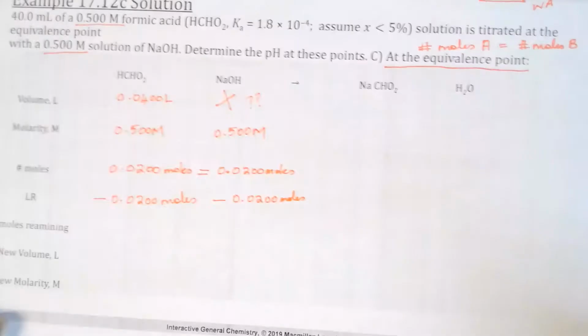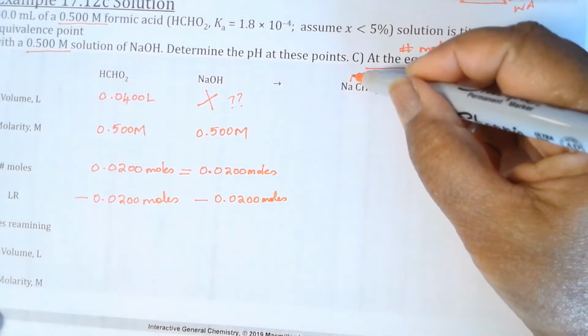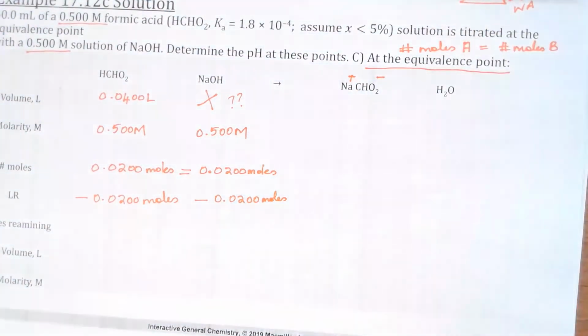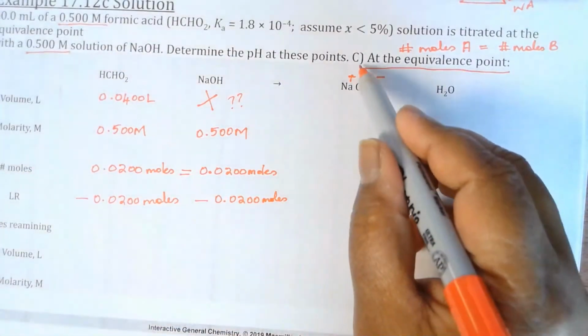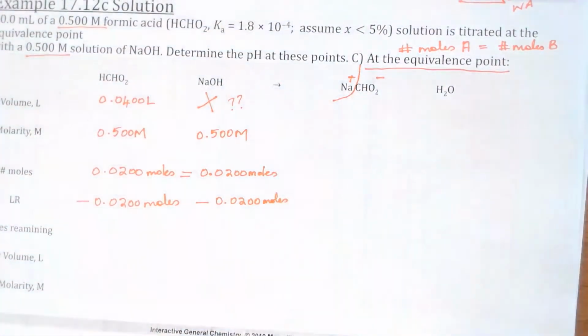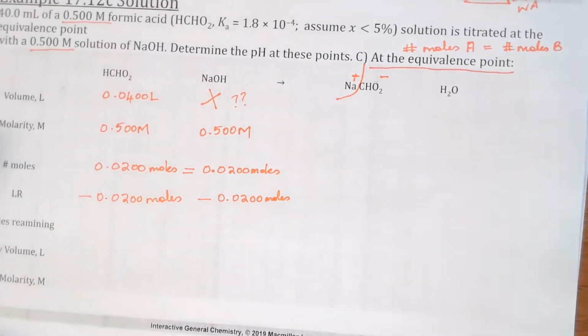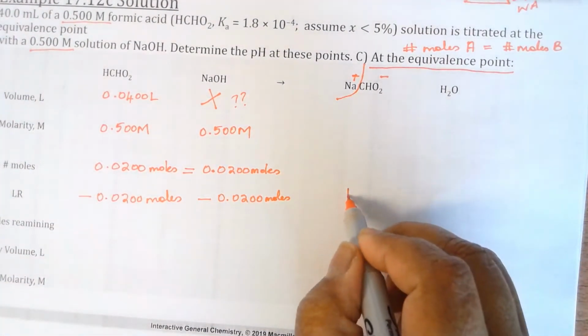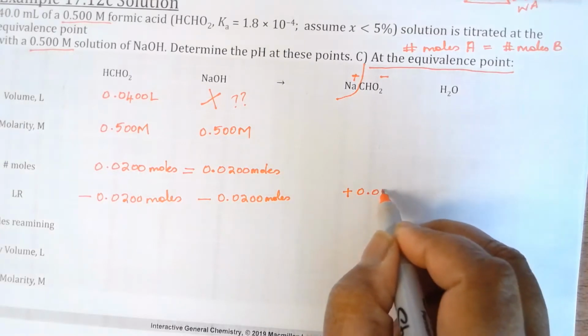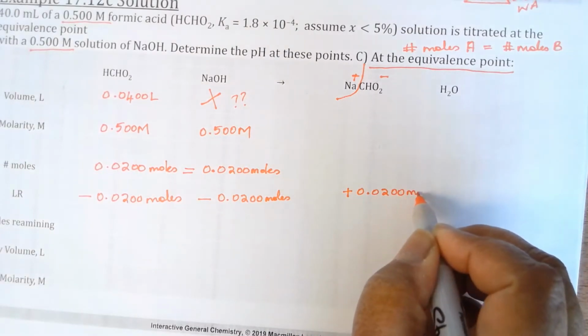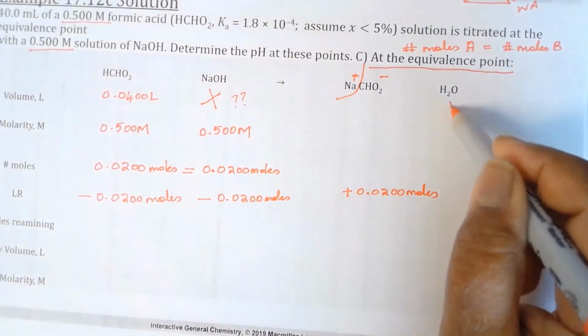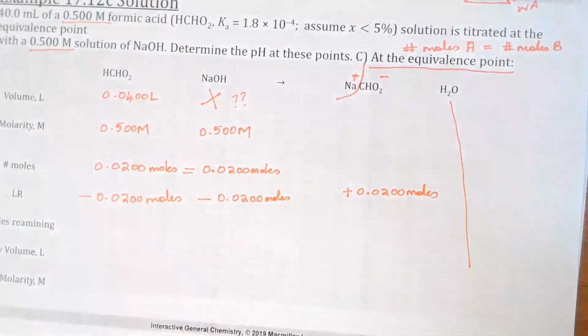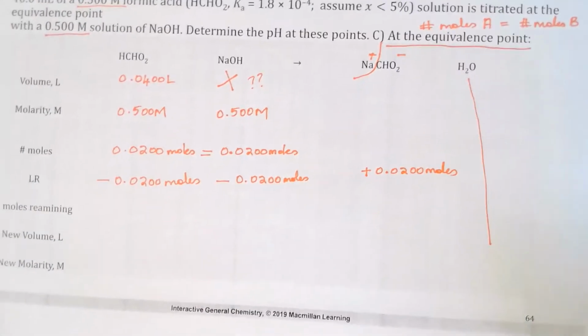Okay. Now here's where the difference comes. Look at how you did the table for the strong acid, strong base. Always compare. And remember I said that I'm only looking at the concentration of the conjugate base, so I am making this many moles. In water, we're not going to be concerned with it, so I'm going to draw a line.